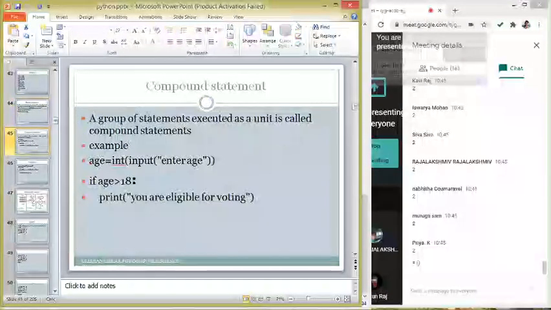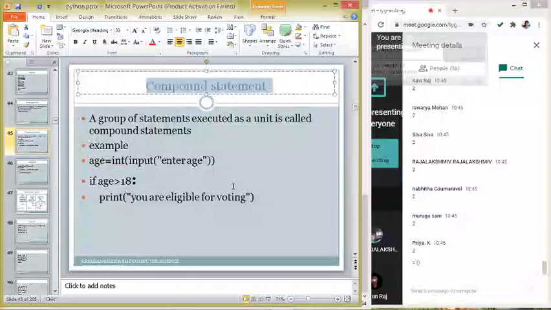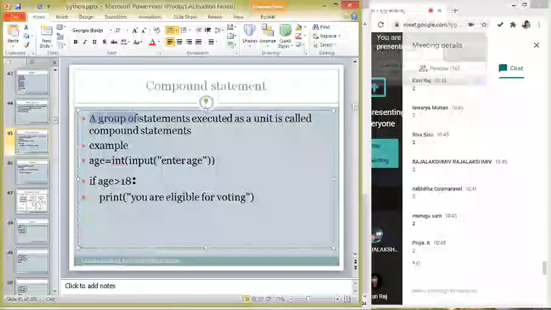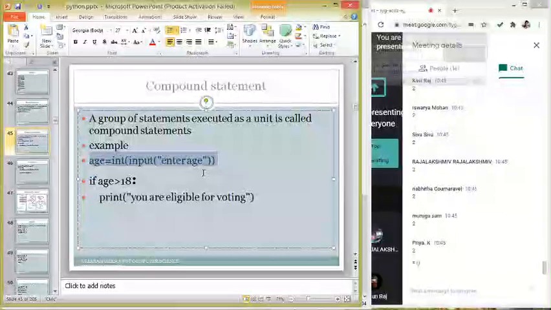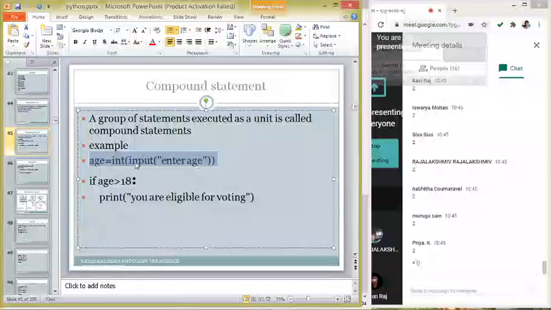Now the next one is called a compound statement. This is a little bit complicated because it is a group of statements that execute together. You have to remember, a group of statements executed as a unit is called a compound statement. For example, this line is a simple statement, where you ask the user to enter age.